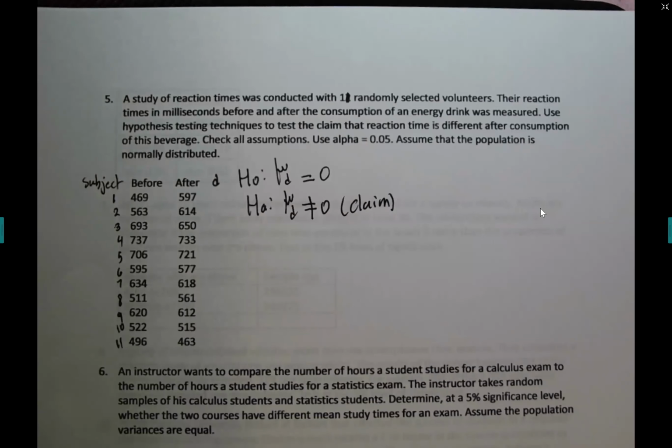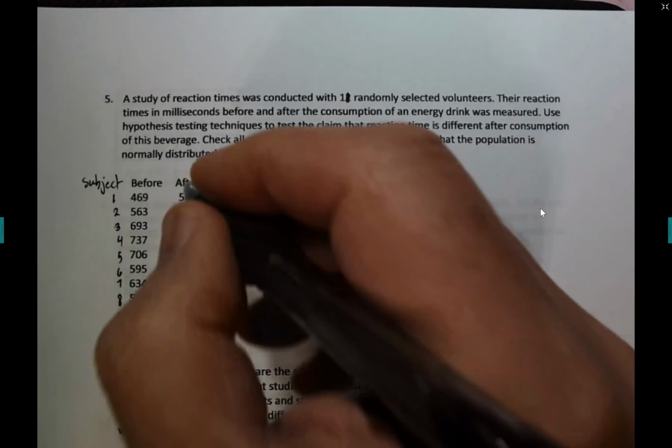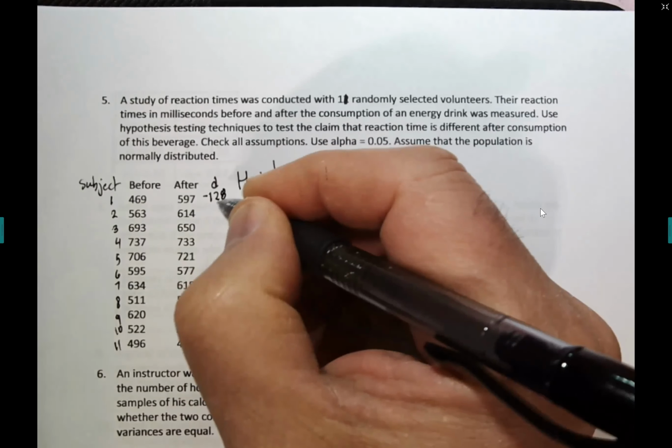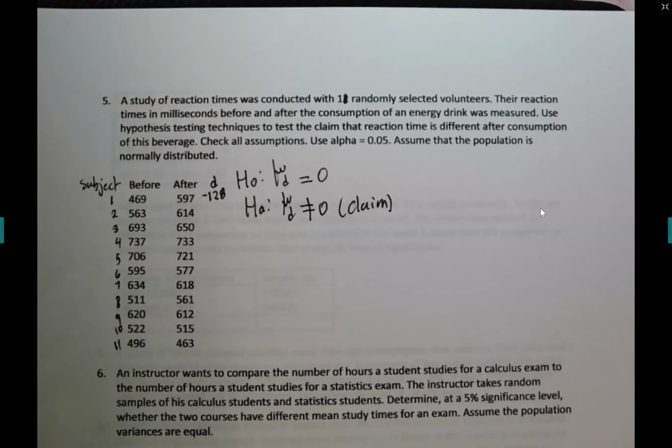469 minus 597. Okay, I got negative 128. 563 minus 614.